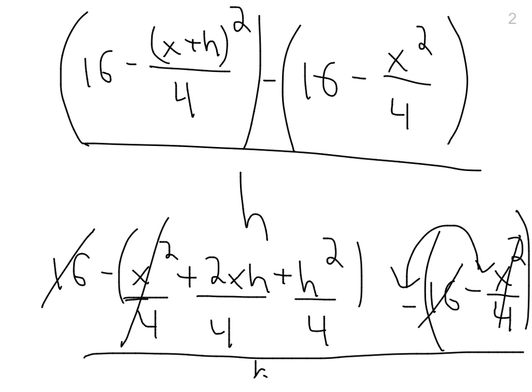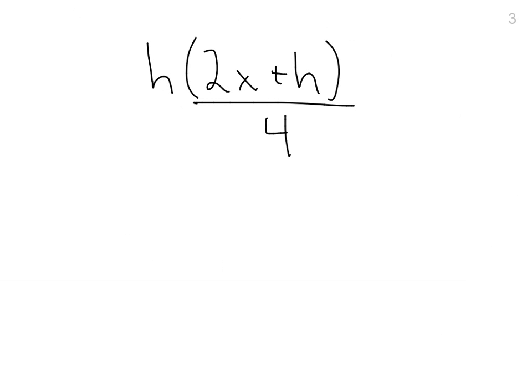Once again, we can factor out an h, and I'll just leave that over 4 in the denominator. So if we factor out an h, we're going to have 2x plus h, over 4, and that is all over h. This might look like there's too many divisions, but remember that dividing by anything is the same as multiplying by the reciprocal.